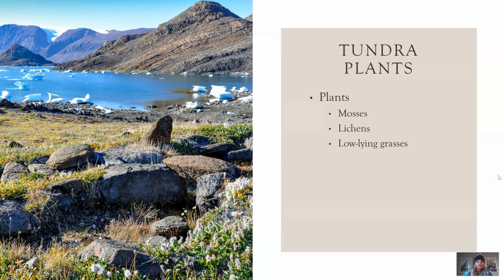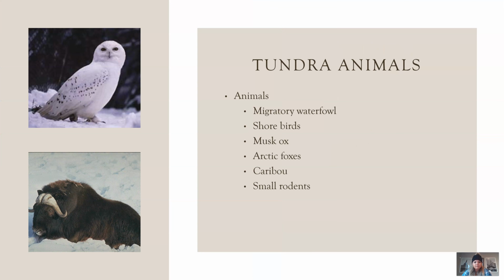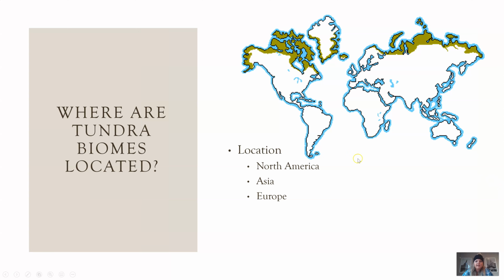So the animals you might find here are migratory waterfowl, shorebirds, musk ox, Arctic foxes, caribou, and small rodents. Where are these located? Mostly North America, Asia, and Europe, very close to the North Pole.